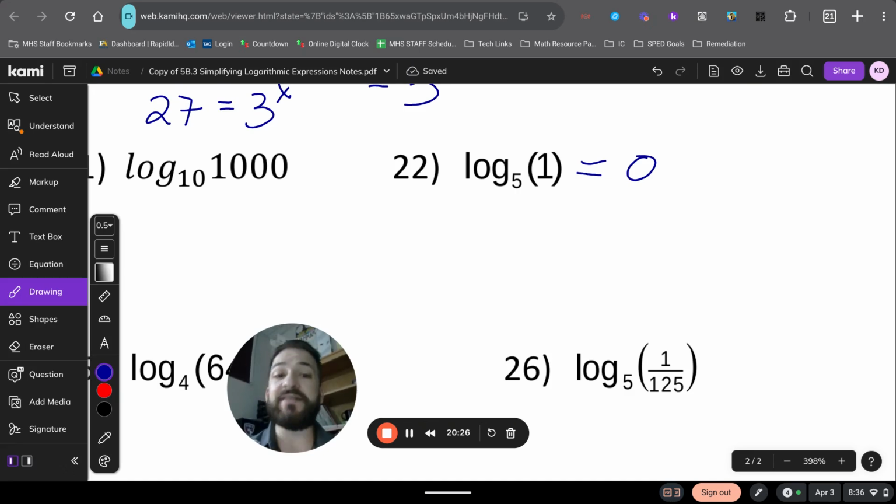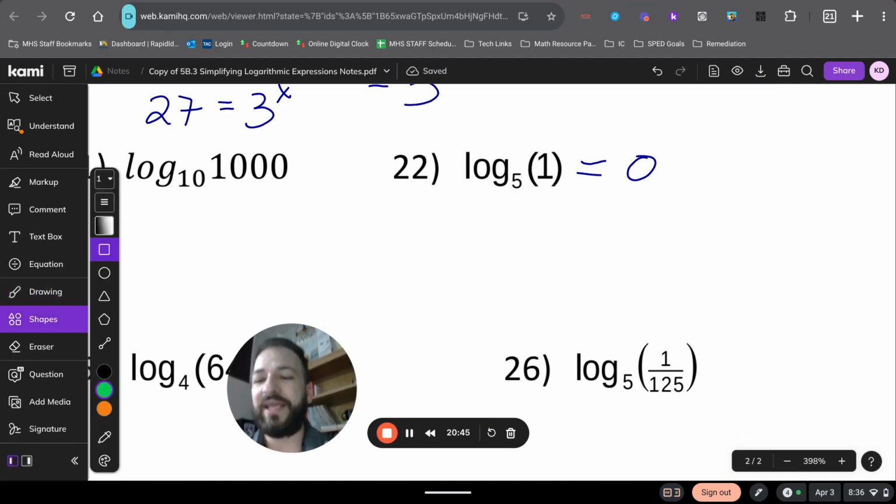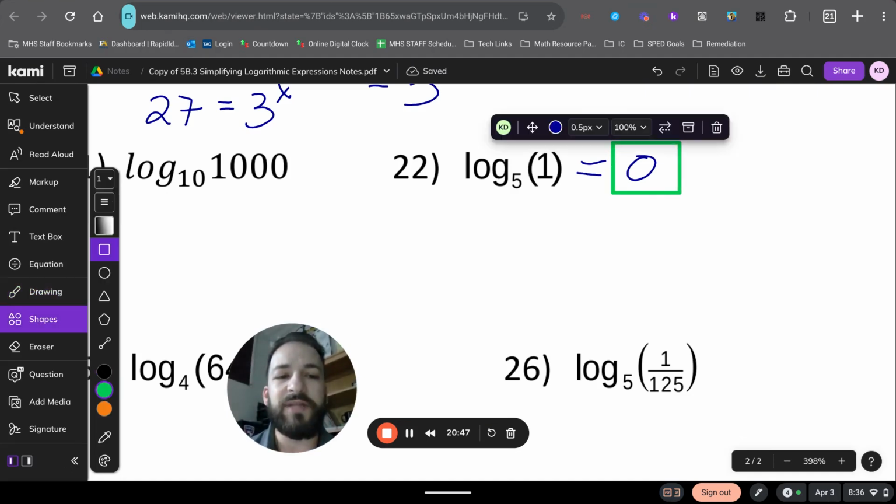So 5 to the 0 would be equal to 1. That means log base 5 of 1 is equal to 0. And this is a nice general rule, y'all. Anytime you have a log of 1, no matter what the base is, it is always going to be equal to 0. So it's a nice tool to have in your tool belt as you're simplifying and solving through these.